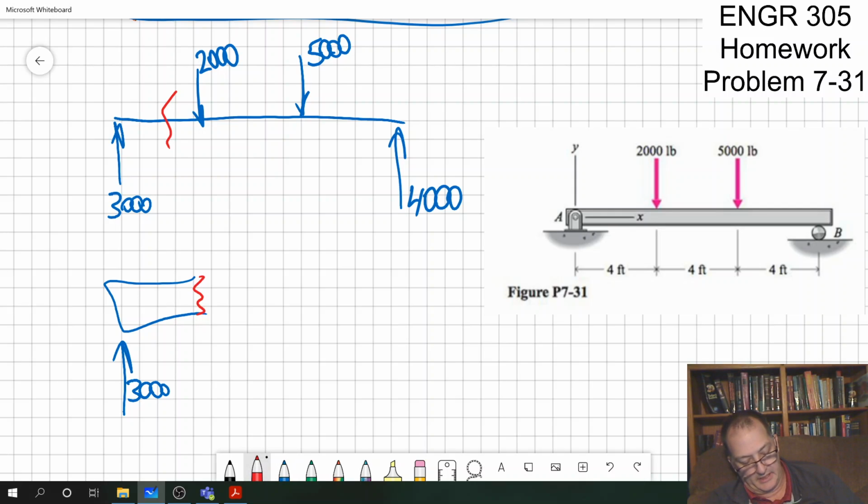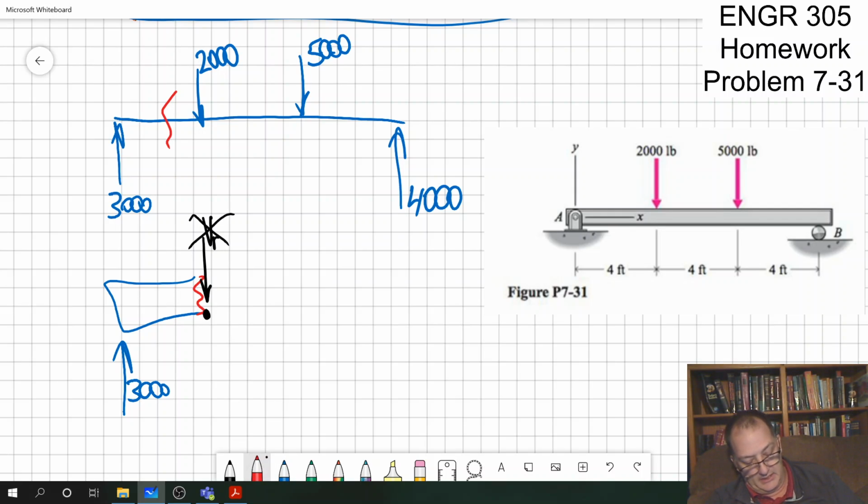I got a split there. I do have, technically, a VR, but remember, that is that shear force. But since I'm going to do my moments, I'm going to sum my moments about that point. The VR doesn't matter. So it's there, but it's not there.